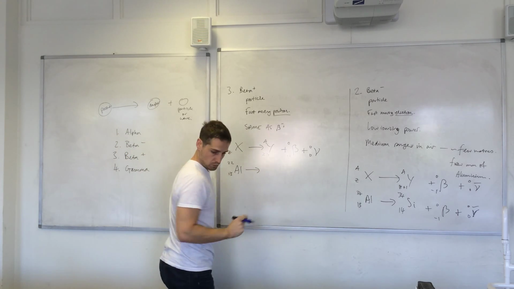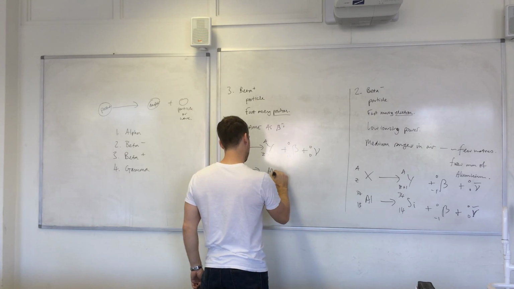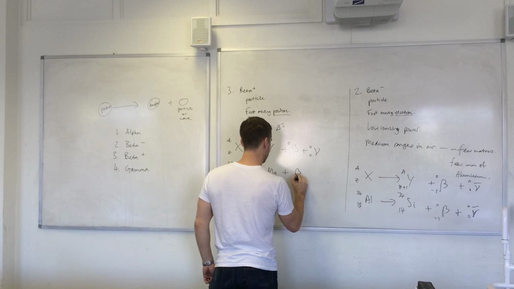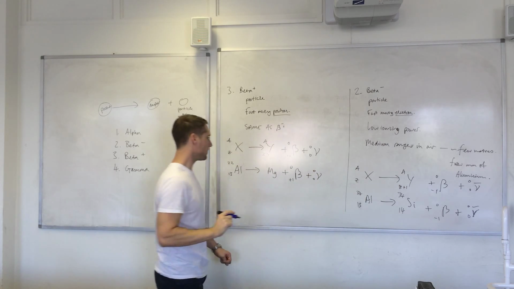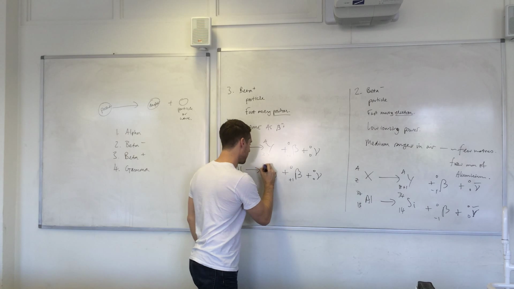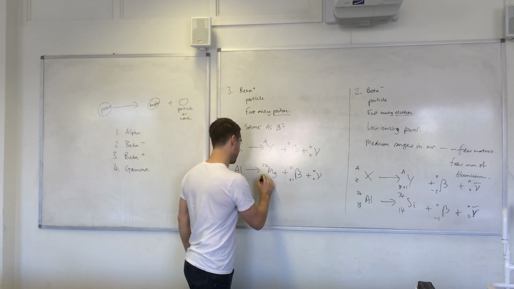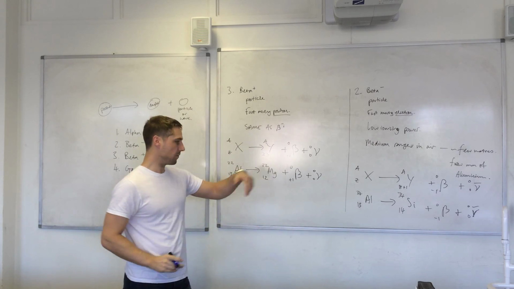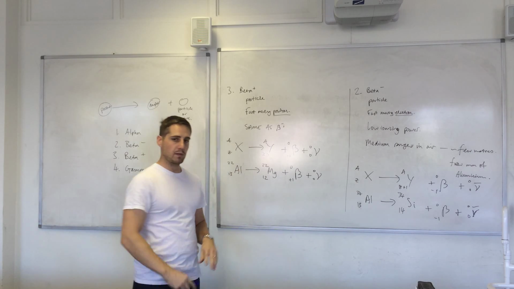That decays, this time, to magnesium. This number, same, 22, and 13 minus 1 is 12, so 12 plus 1 gives us 13. So the equation is balanced, and that's what you get.